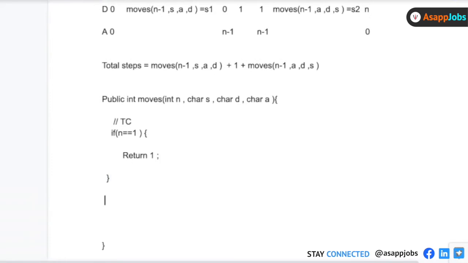Now the second thing is the logic, where the recursion part comes into play.